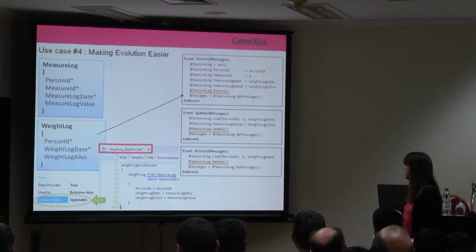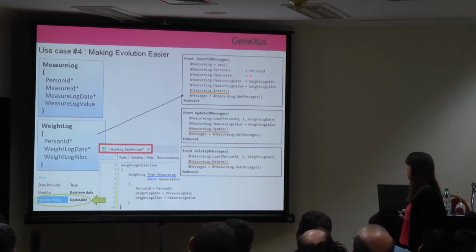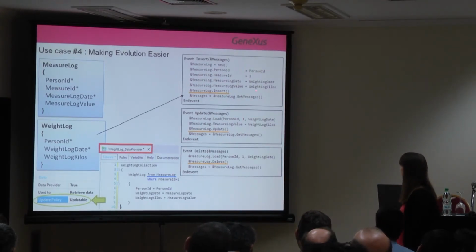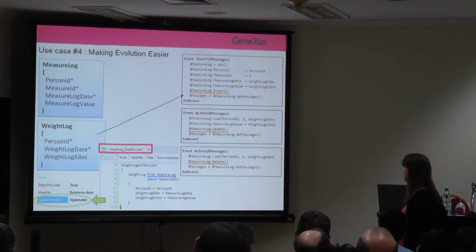Therefore, in insert, we see that we have defined a variable business component of measure load, and what we are doing is to assign, because I have these attributes, and I assign always putting 1, because if they come in from here, they are weights, and I am assigning the person, the kilos, the date, to the variable business component and its properties. I apply the insert method and I extract the messages.